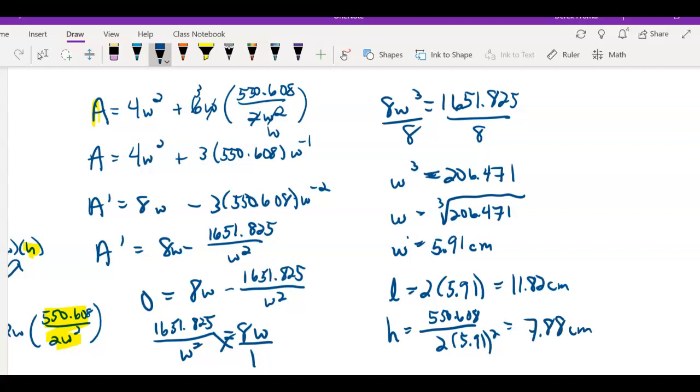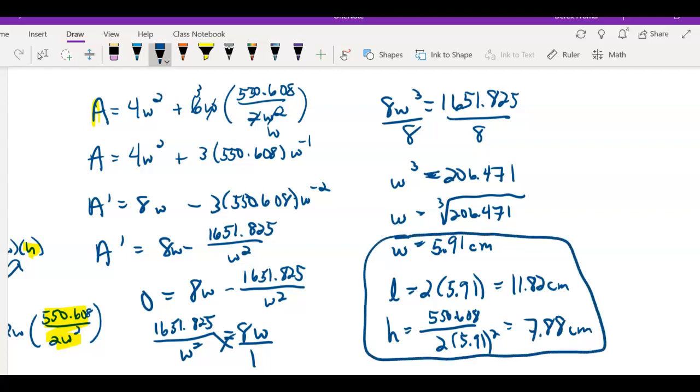So now those are my new optimized dimensions. You'll notice that they're all smaller than the original dimensions of the box. But the true test is, what's my new surface area?